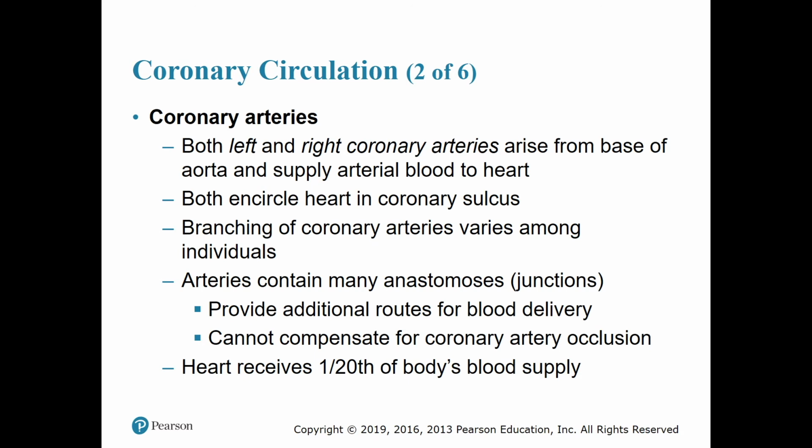Both encircle the heart in a coronary sulcus. Branching of the coronary arteries varies among individuals. Arteries contain many anastomoses or junctions that provide additional routes for blood delivery, but cannot compensate for coronary artery occlusion. The heart receives 1/20th of the body's blood supply.